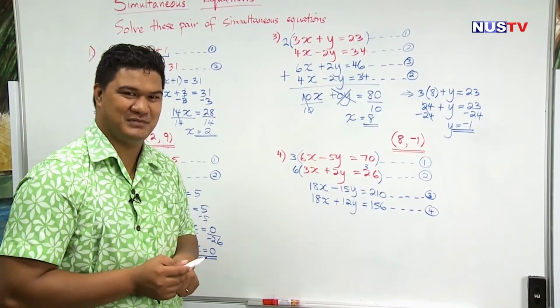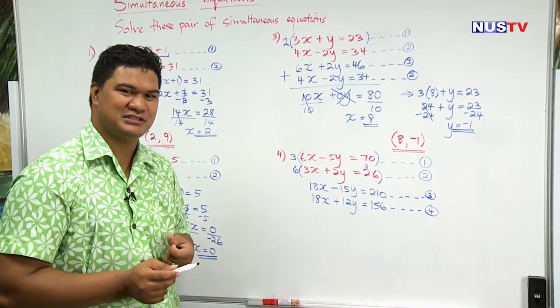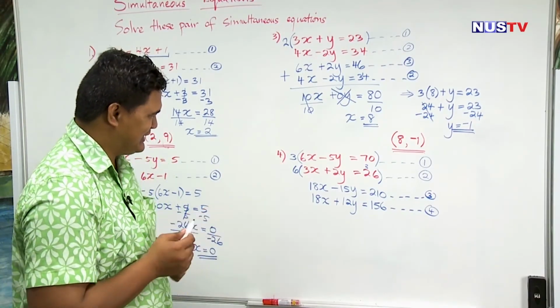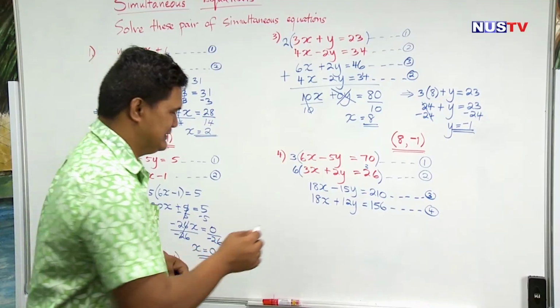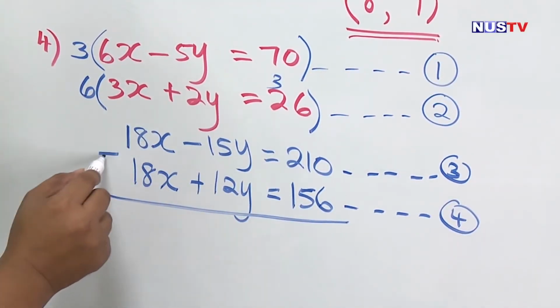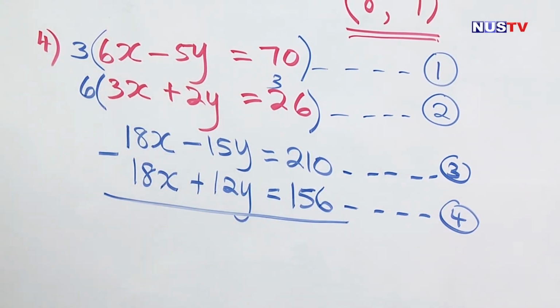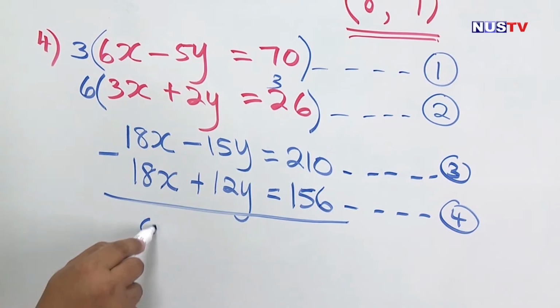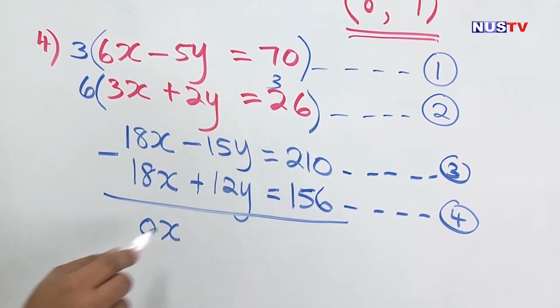which is the main purpose of what we are doing, in order for us to eliminate the variable x. So now we are going to take the difference of these two, because 18 minus 18 will be 0. So 18x minus 18x, that will be 0x.